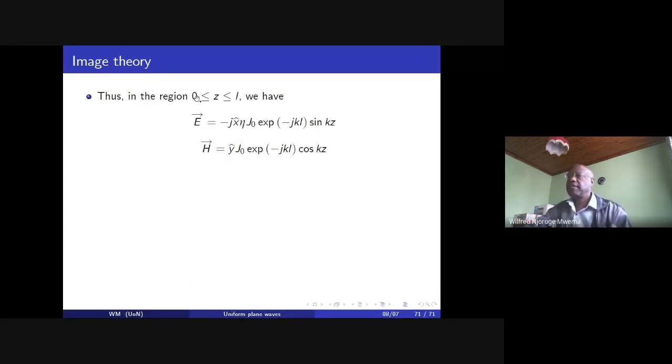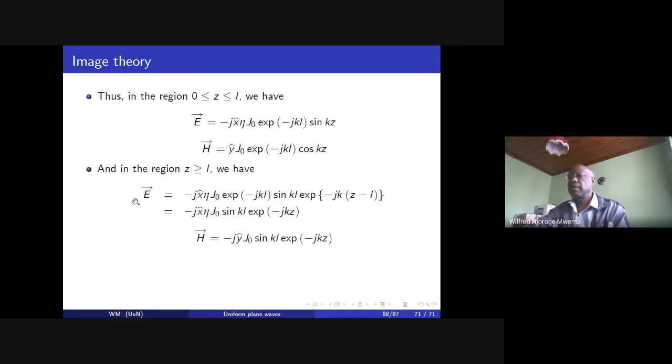And therefore, in the region between Z equal to 0 and Z equal to L, you can write that equation as that, and the magnetic field given as that, just like we got before. In the region beyond, we have that equation given by that value, and we can spread this out, and we'll see that this equation becomes the sine of that value there.